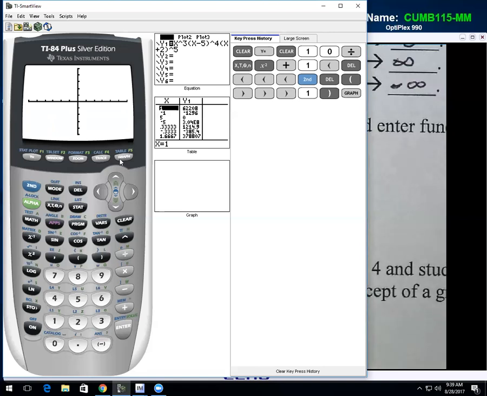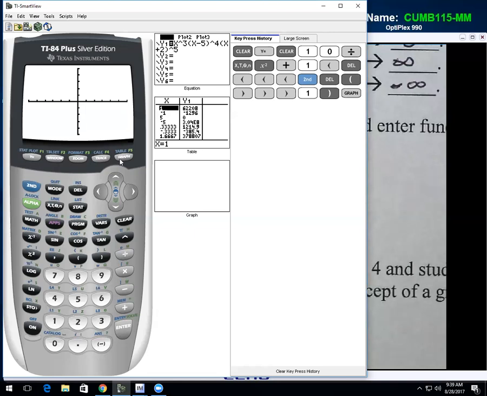There's not much my calculator can't handle. What do you think? Yeah. I think I'm going to have to zoom out. It looks like that window, if my tick marks are counting by ones, then my window only goes from -5 to 5 on both axes.